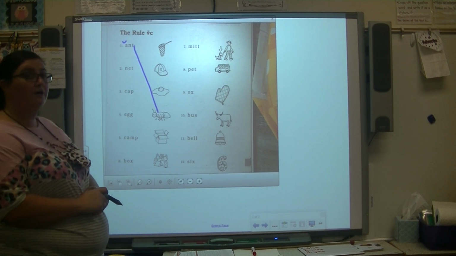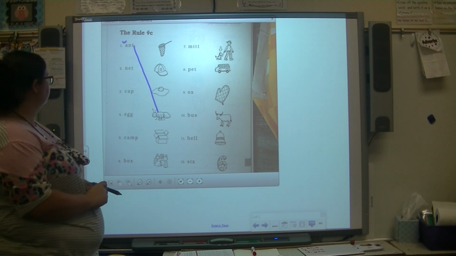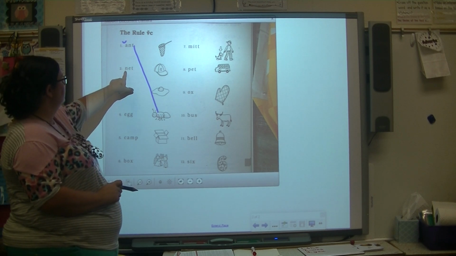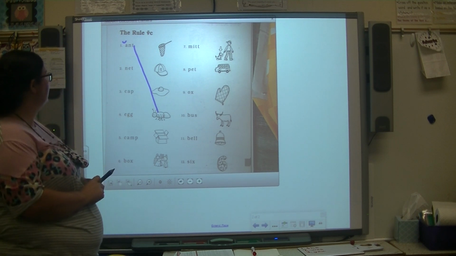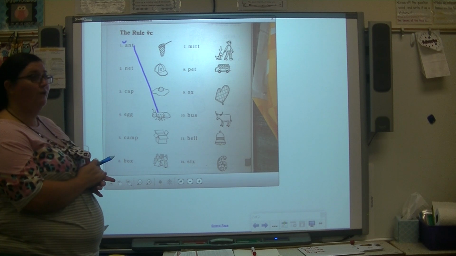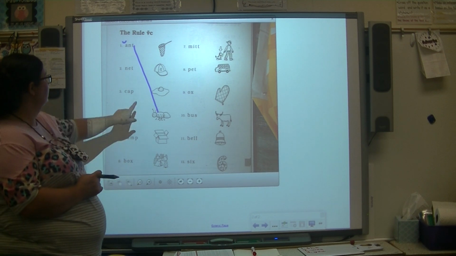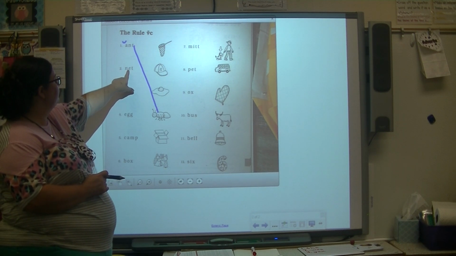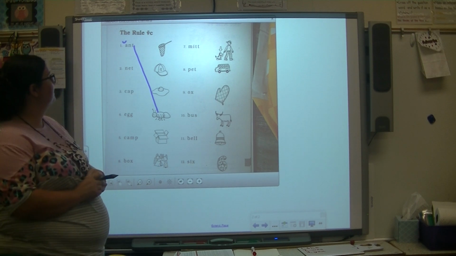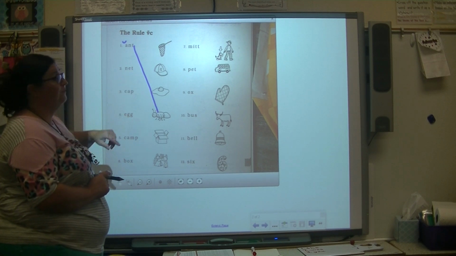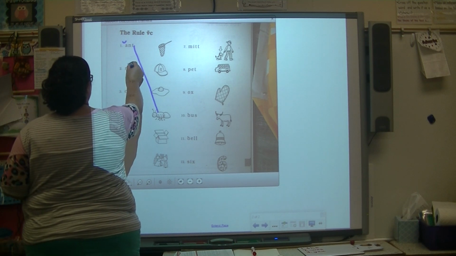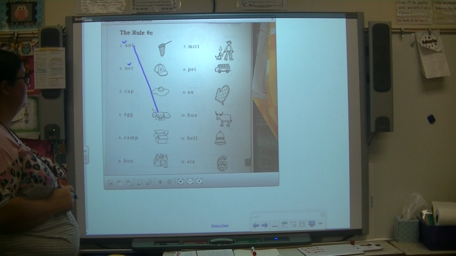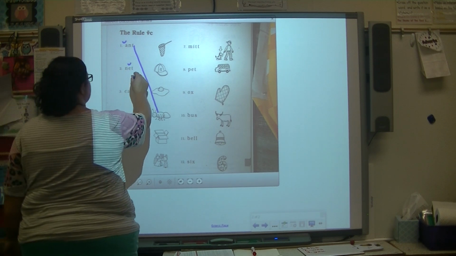Sound out the word. Net. Now look at your vowel. What is the vowel? Yes, it's E. A vowel followed by a consonant is short, so code it with a breve. All right, and then match up your picture.